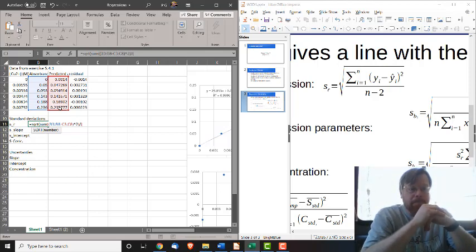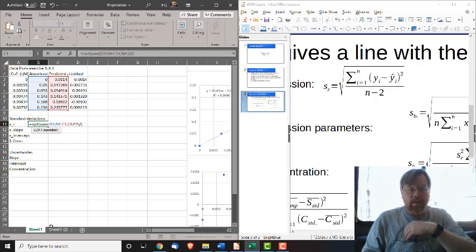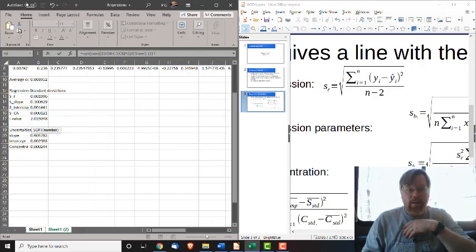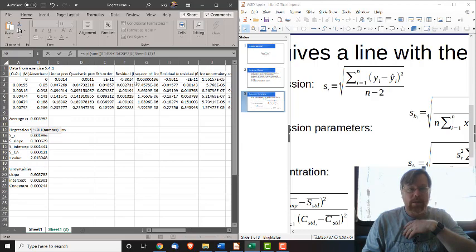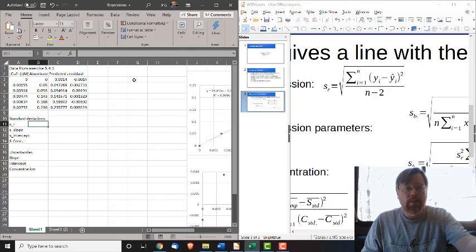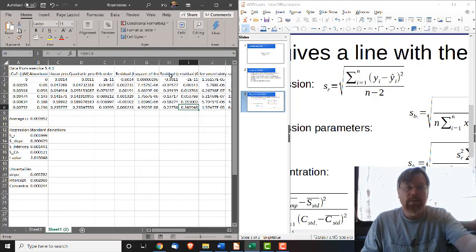I double checked and verified that I got the same number doing it this way versus having the, scroll back up here, that is, I lost one of my work here.